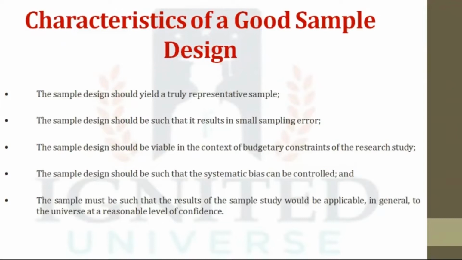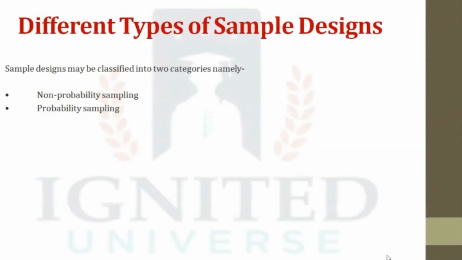Till this point of the lesson, we have understood the utility and characteristics of a good sample design. Let's now find out what are the ways by which we can design our sample. So, there are basically two main types of sampling, namely non-probability sampling, which is also called non-random sampling, and probability sampling, popularly known as random sampling.